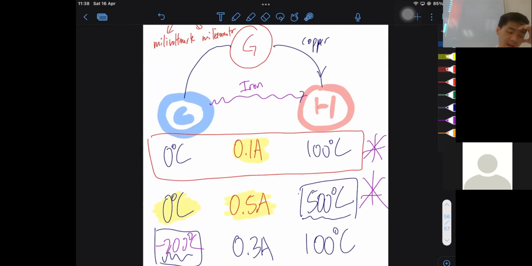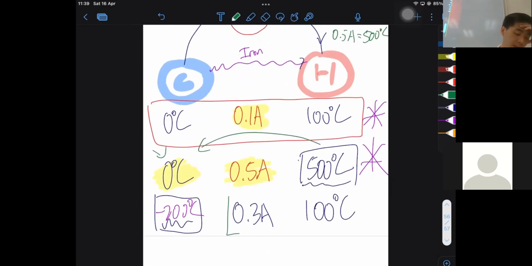I said that every 0.1 amperes reading from the galvanometer gives me a difference of 100 degrees Celsius, meaning 0.1 amperes is going to give me 100 degrees Celsius in difference. Now, if you look at the second part here, the reason why it is 0.5 amperes is because the difference in temperature is 500 degrees Celsius, right?